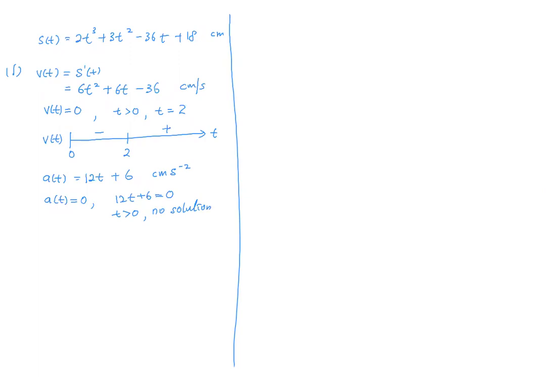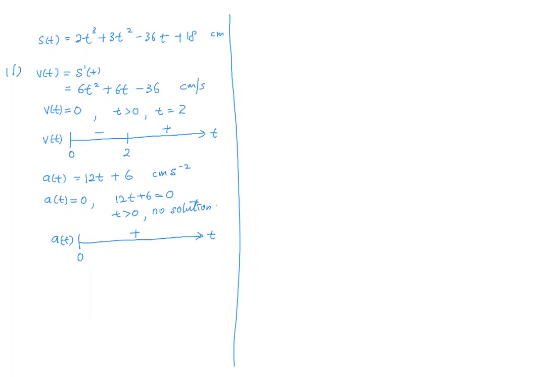All right, so therefore my A(t) sign diagram will go this way, always positive. You can use your graphic calculator, your Y3, right? Okay, done with part 1.